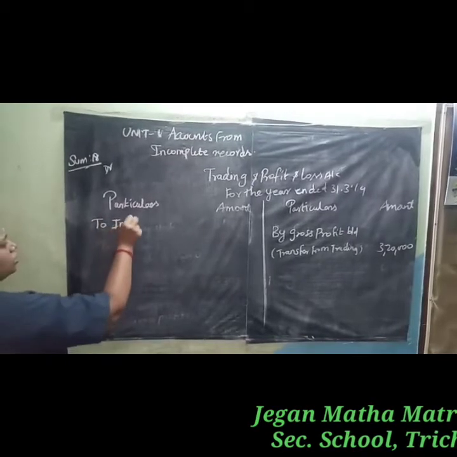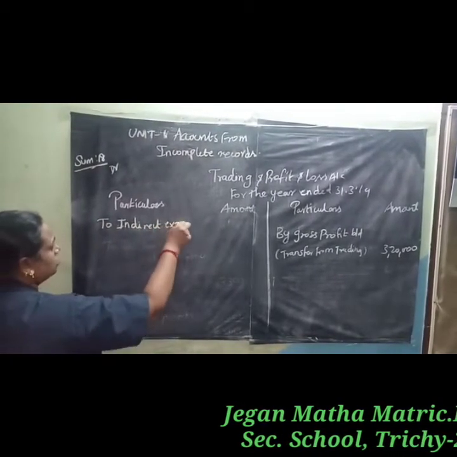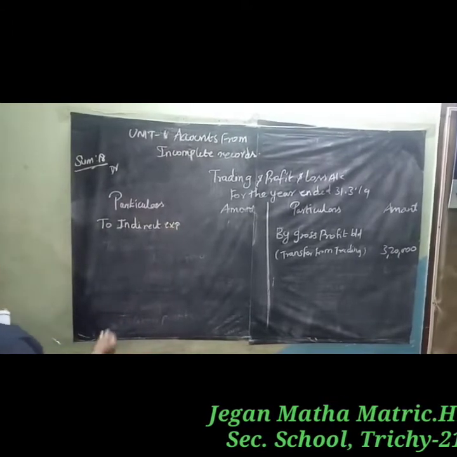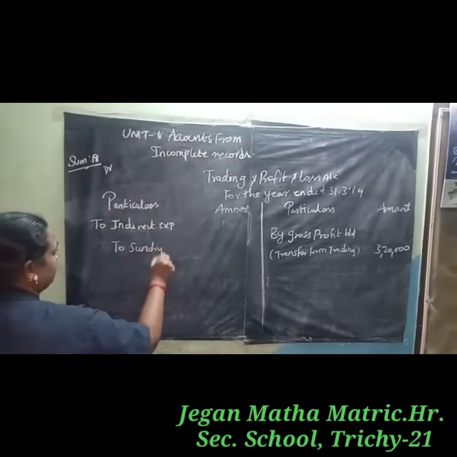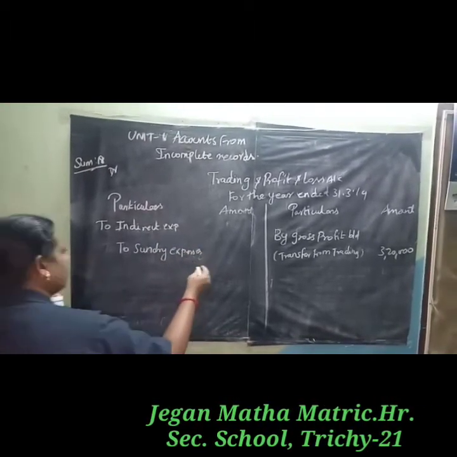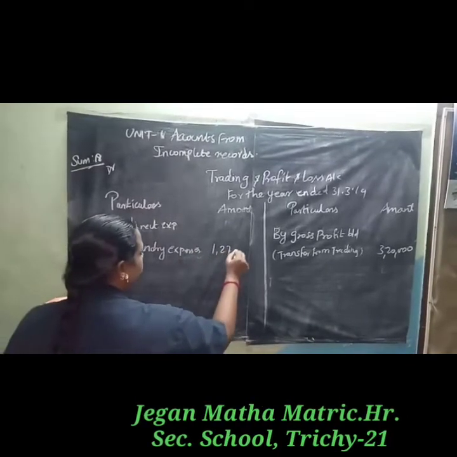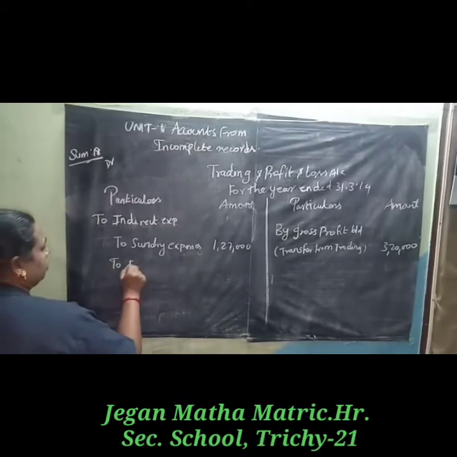All indirect expenses are included in the profit and loss account. Here the indirect expenses are: to sundry expenses 1,27,000. Then depreciation.